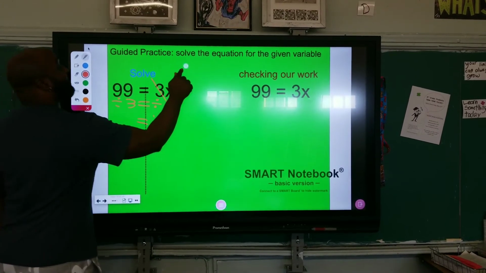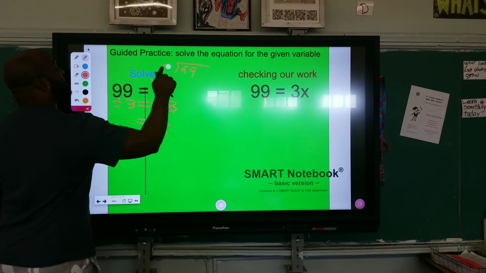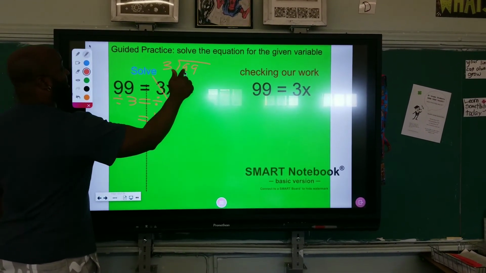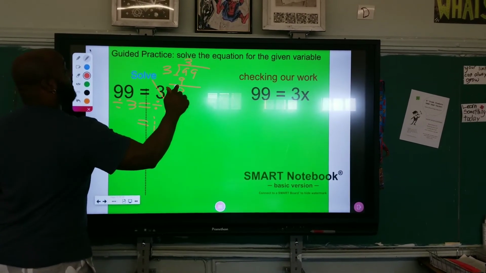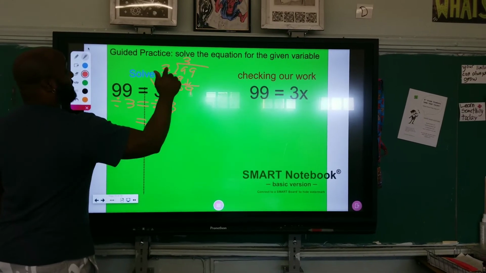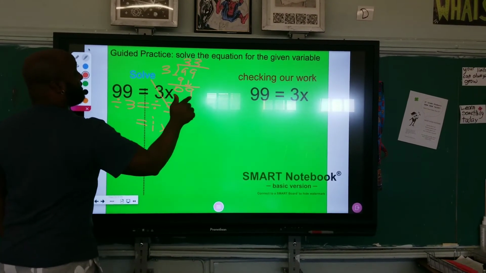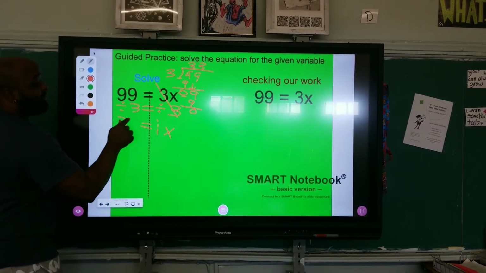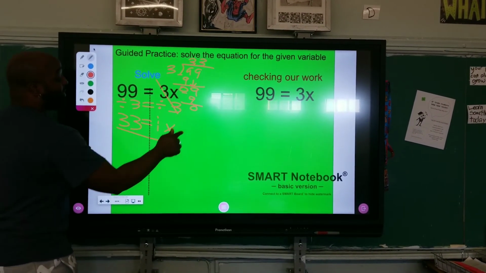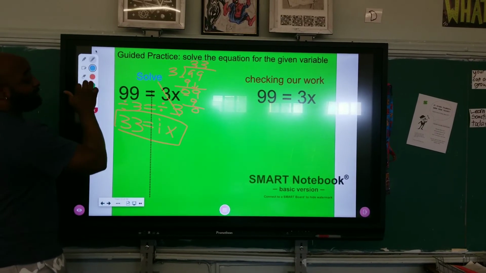And we're going to do some division. So 99 divided by 3. 3 goes into 9 3 times. 3 times 3 is 9. Bring down the next number. And we already know 3 goes into 9 3 times. So this is good. 99 divided by 3 is 33. So we think our answer is x equals 33.